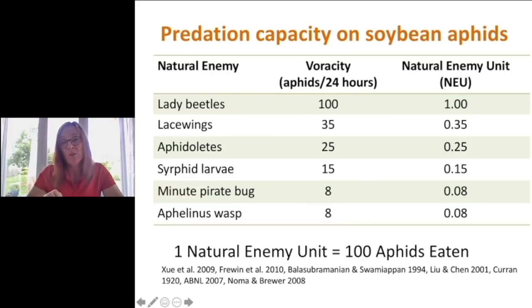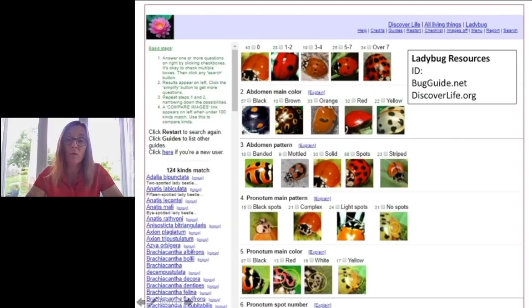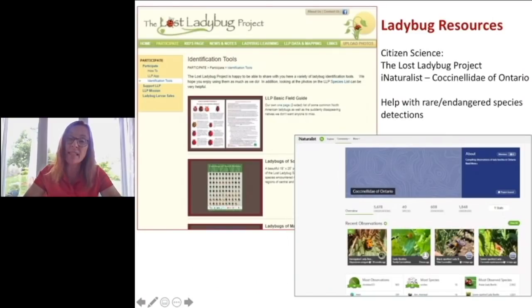Something interesting for all those people who have kids at home that may want a project, anything to do for this summer: there's some really good ladybug resources out there, Bug Guide being one, but also discoverlife.org, where you can actually click on what you're seeing out there. And why I bring that up is that there's actually situations where some of these ladybird beetle or ladybug species are very rare or endangered.